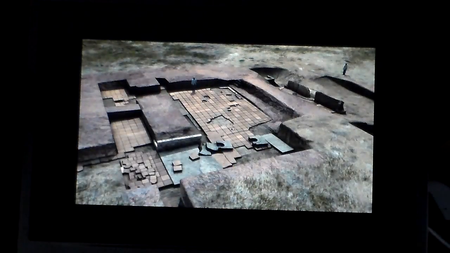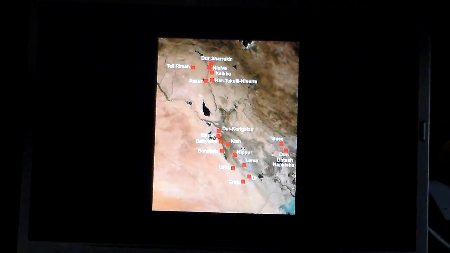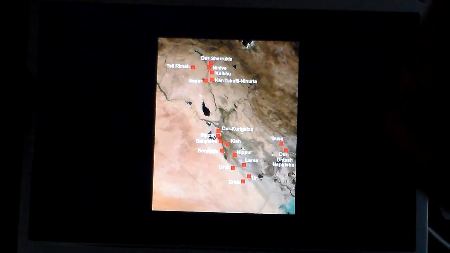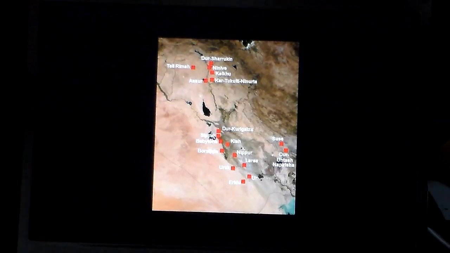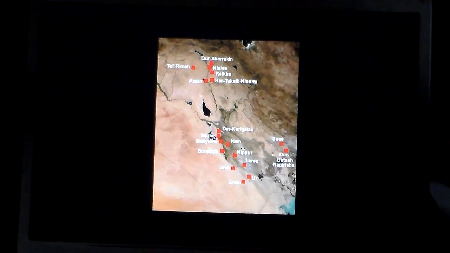Here it says that the Tower of Babel was made by bricks that were heated. They were heated to high temperatures, and had to have been even hotter than those used for metal.